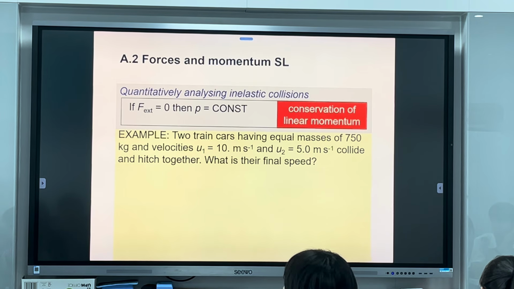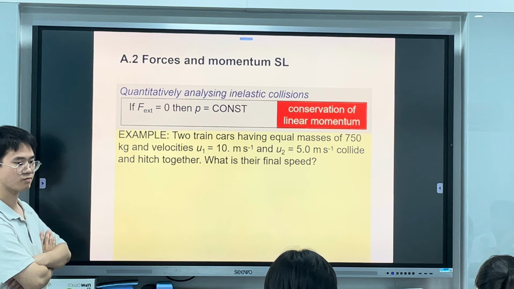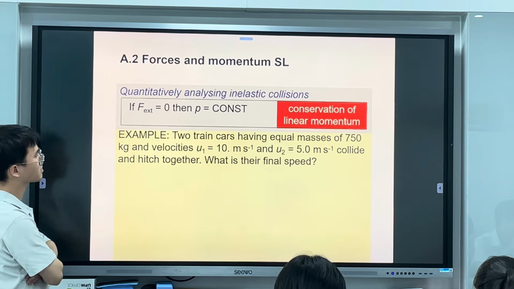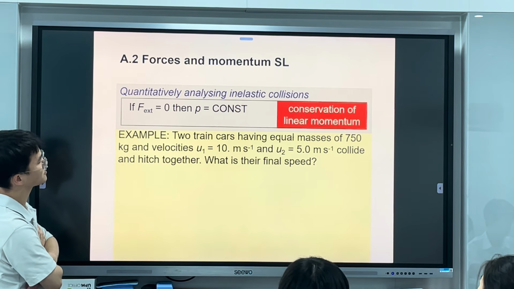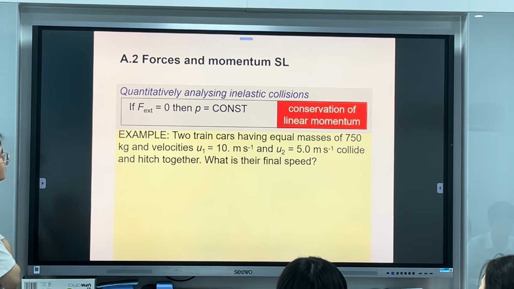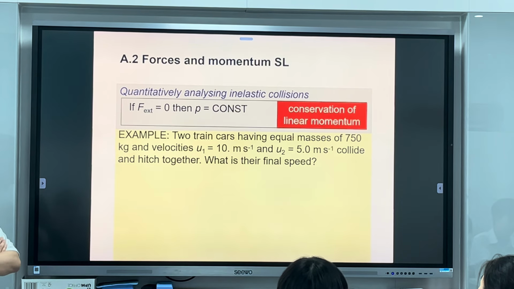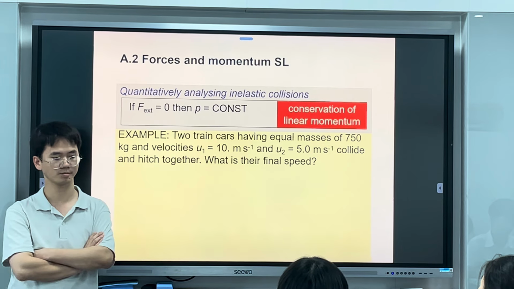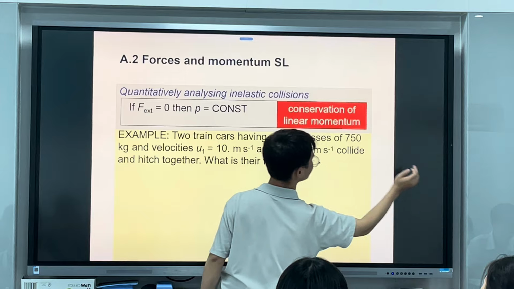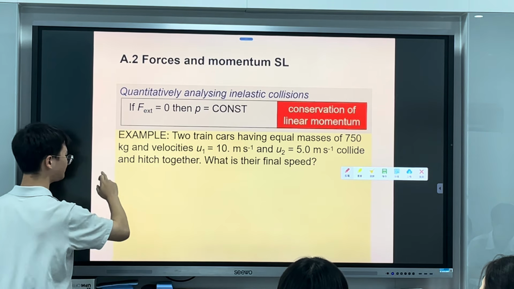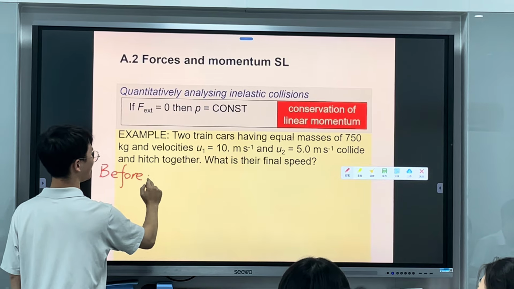Ashley, how would you solve it? 750 times 10. What's your step 1? Mass times velocity. Always find the total momentum before collision, right?